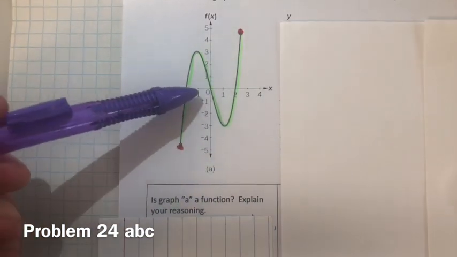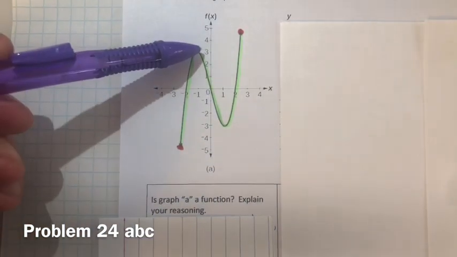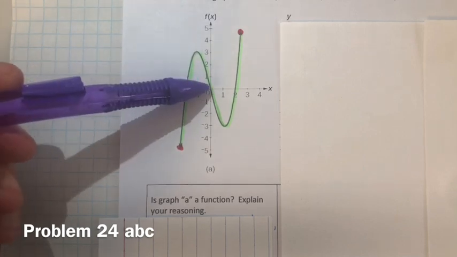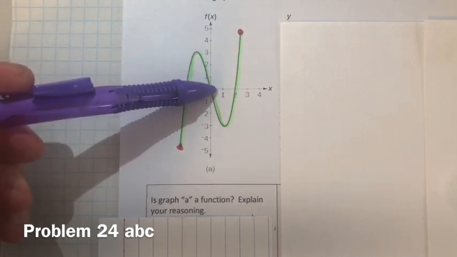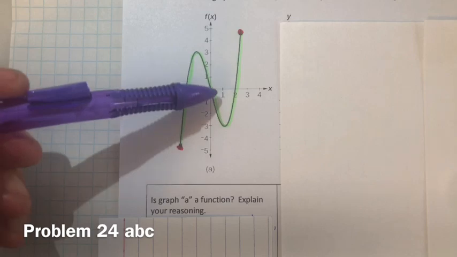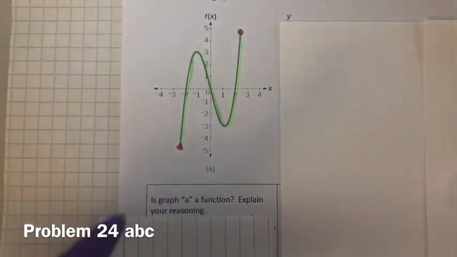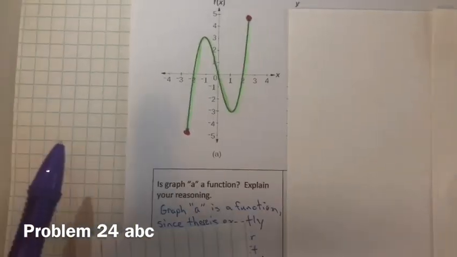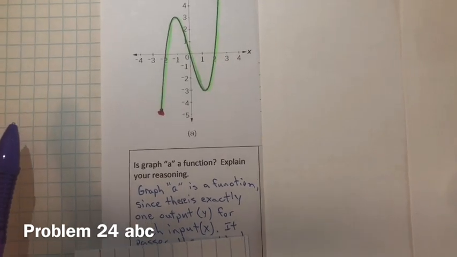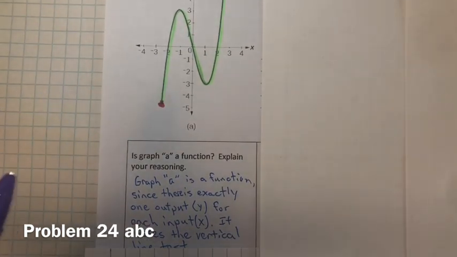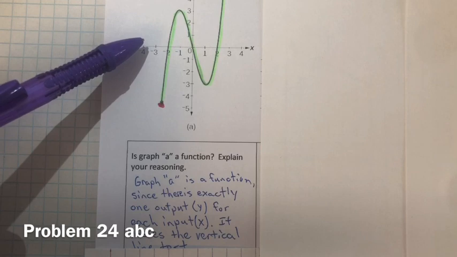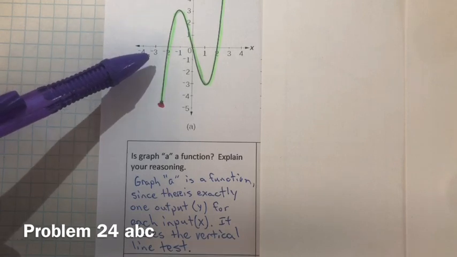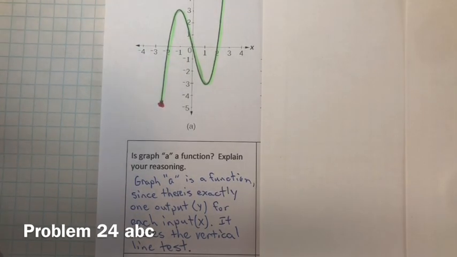For example, the input of negative 1, there's one output, 3. So there's never multiple outputs for the same input. So graph A is a function since there's exactly one output for each input, and it passes the vertical line test.